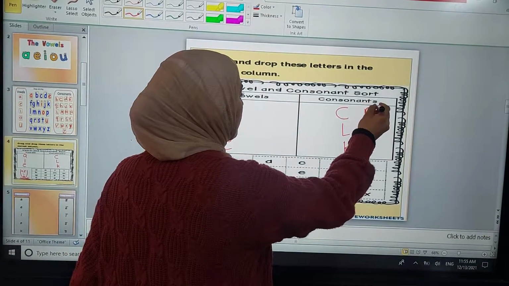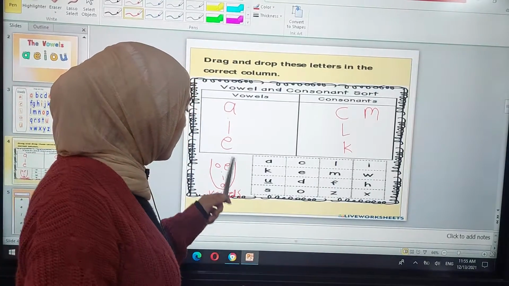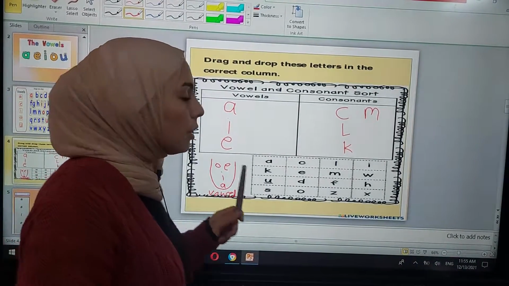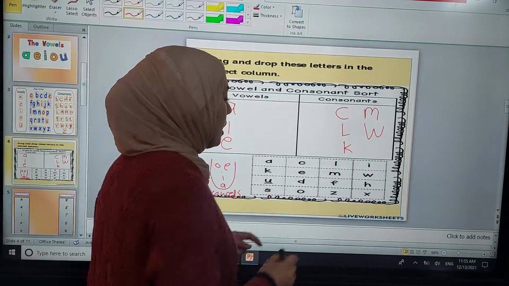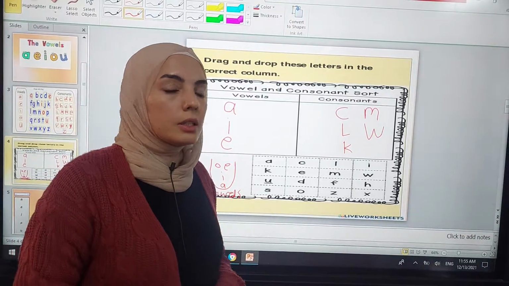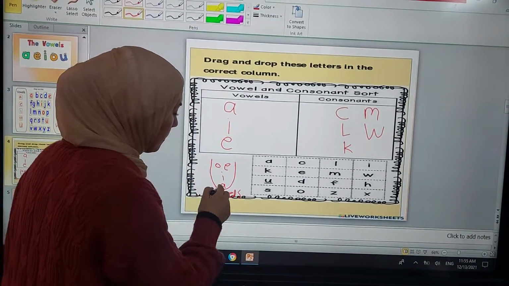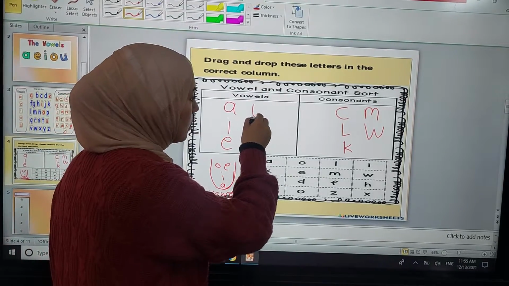Yes. Bravo. And here we have letter W. Can you see letter W in this happy face? No, so it will be a consonant. Good job. And here we have U. U, is it vowel or consonant? It's here, in the happy face. So it will be a vowel.